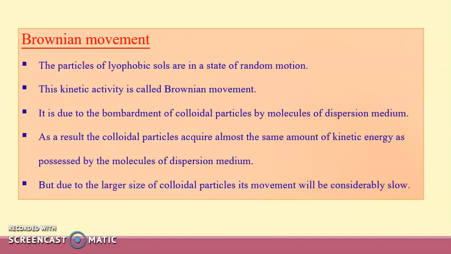Due to this larger size, the movement will be considerably slower than the particles of the dispersion medium. So, the random motion of particles in a colloid is known as Brownian movement.